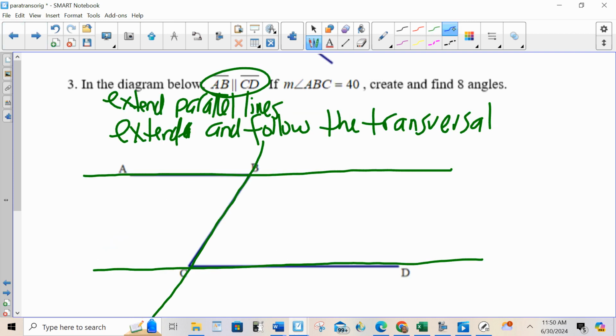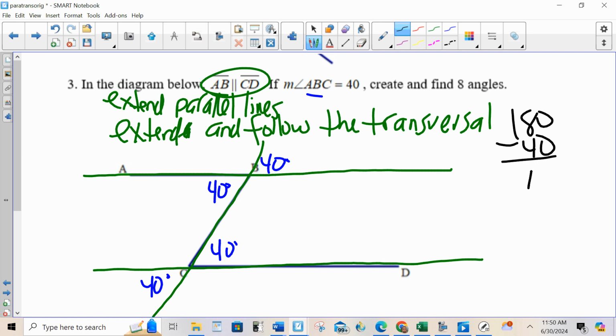If angle ABC is 40, well, all of the acute angles are going to be 40. And to find the obtuse angles, I would just do 180 minus 40. All of the obtuse angles are going to be 140.